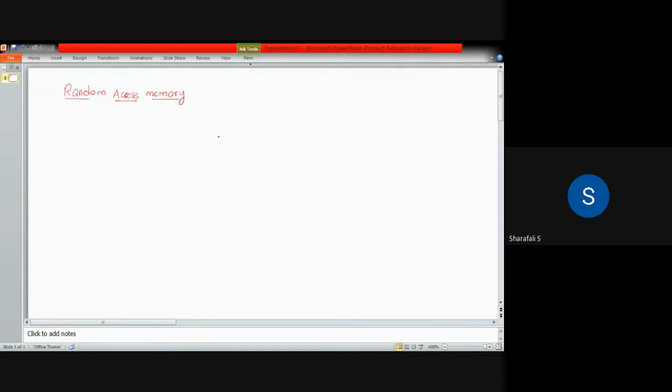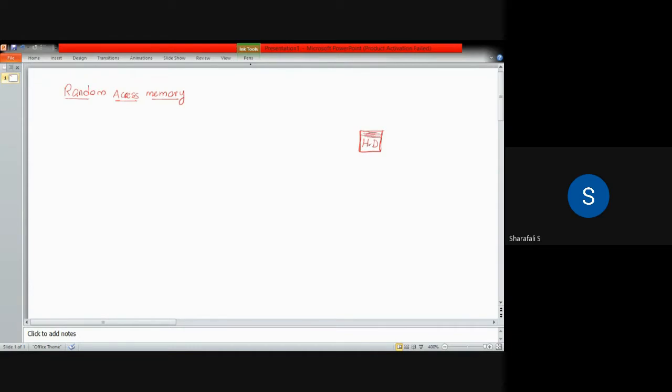So in this random access memory, if you consider a computer system, let us consider pictorially. If you are having your software, which is stored in the hard drive, okay, so this is your hard drive. Program stored in this hard drive.